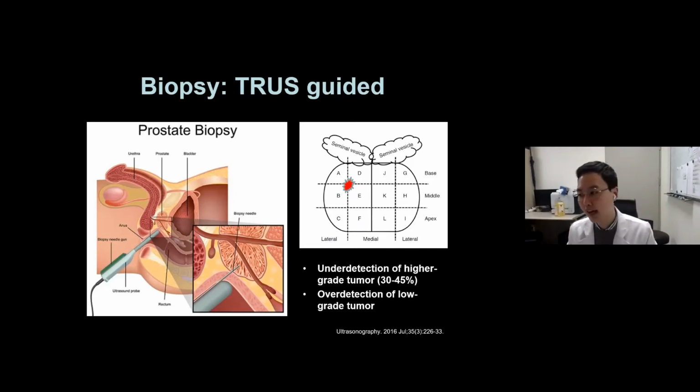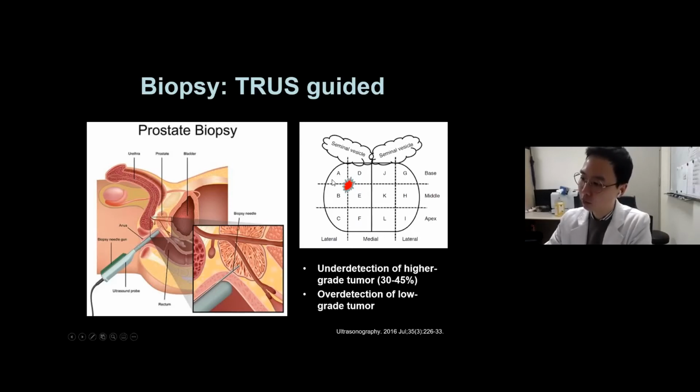Lastly, cancers in the middle of the sectors can be neglected, and the biopsy can miss this kind of lesion. But the other problem is the overdetection of low-grade tumors.